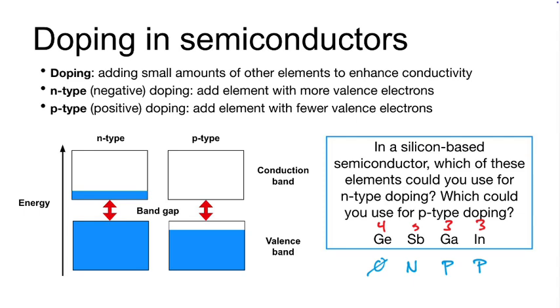How do we know which one? I think at this point it's purely experimental. But that is way outside of my realm. You probably wouldn't get a question that has two of the same ones for p-type. Or you would just go through and say, well, they're both P-type. Or they're both N-type. Electronegativity wouldn't have anything to do with it. Yep, it's just whether it has more or fewer electrons.